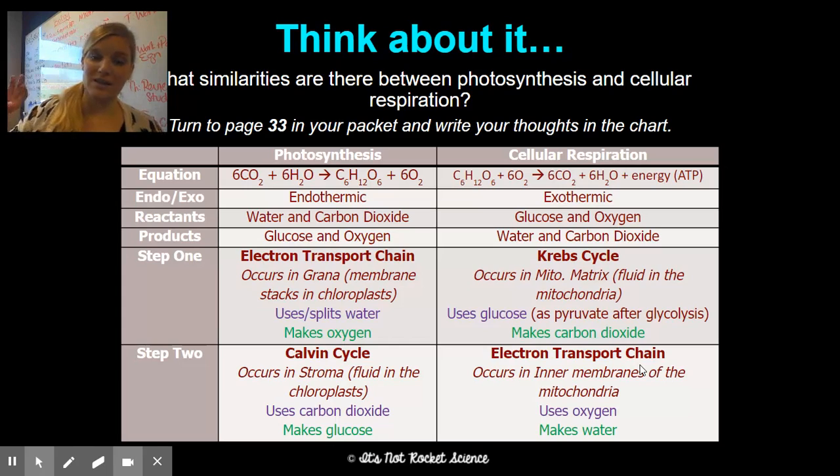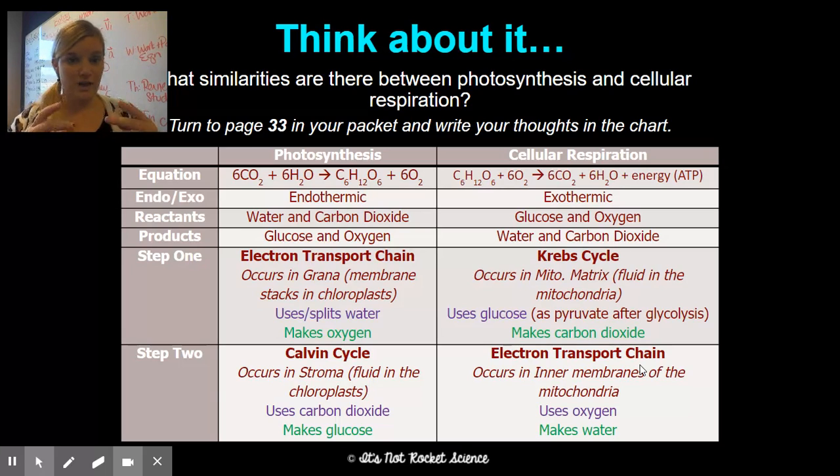Cellular respiration is exothermic because we are pushing out energy in the form of ATP. Then reactants and products are flip-flopped. So what goes into photosynthesis is what comes out in cellular respiration, and what goes out of photosynthesis is what goes into cellular respiration. It's just one big circle of life cycle.